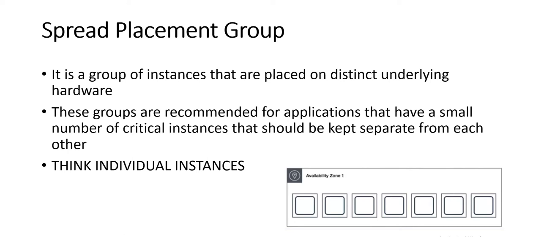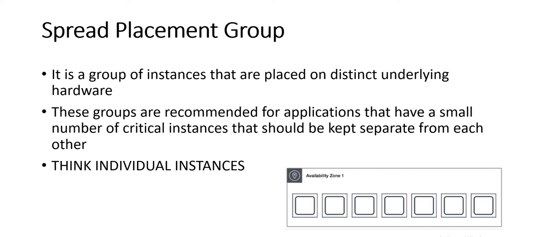It is basically the opposite idea of a cluster placement group. Here it is a group of instances that are each placed on distinct underlying hardware. These are on separate racks with separate network IPs as well as separate power equipment.